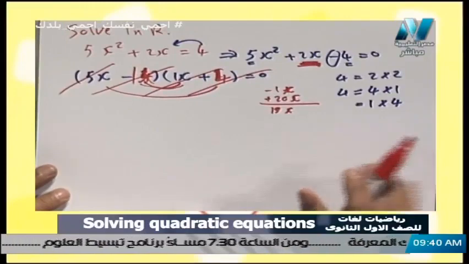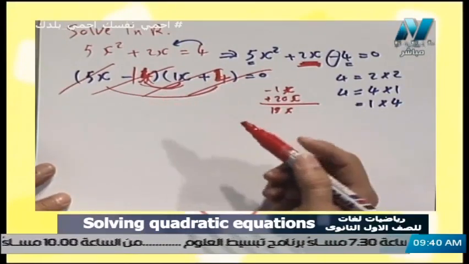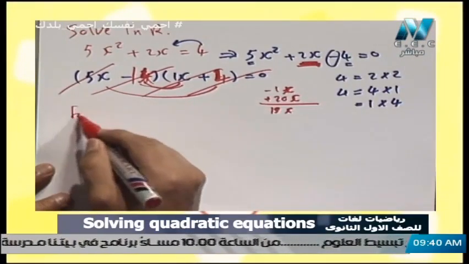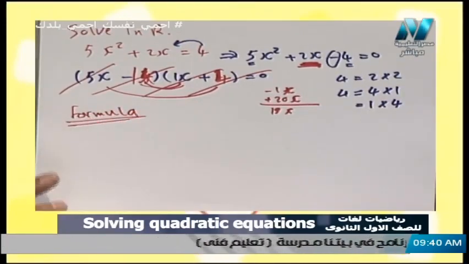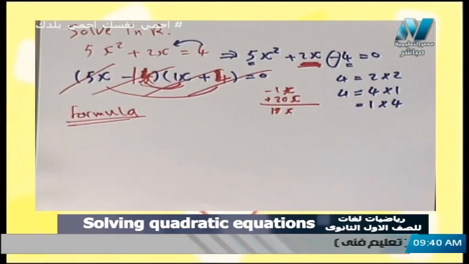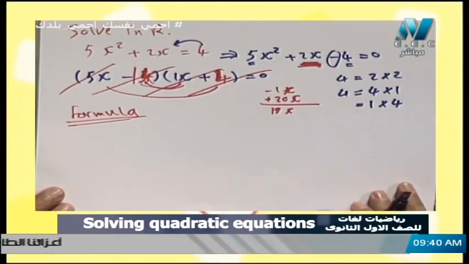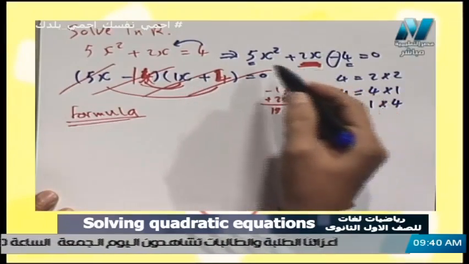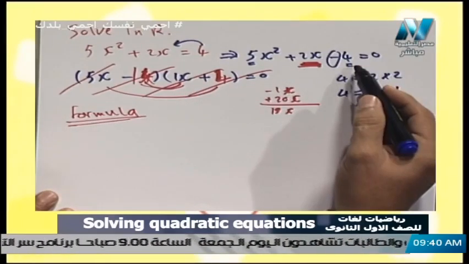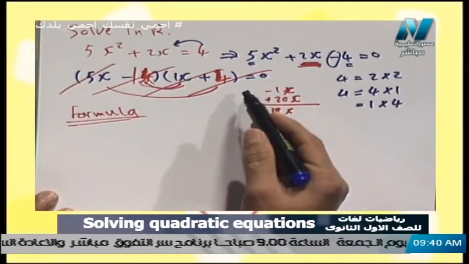So we have to find the other solution, which is using formula. So formula is a very useful method to find the solution of this quadratic equation, because factorization here is false.